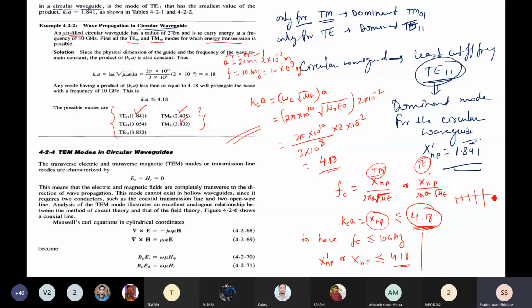And that has a two-wire parallel line. One wire is here and one wire is on this side.